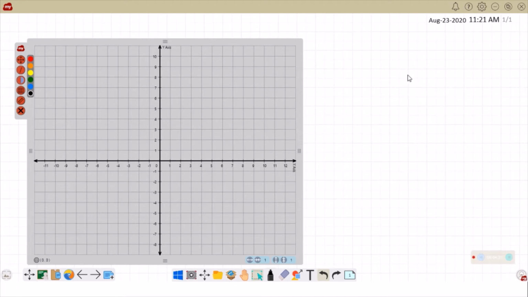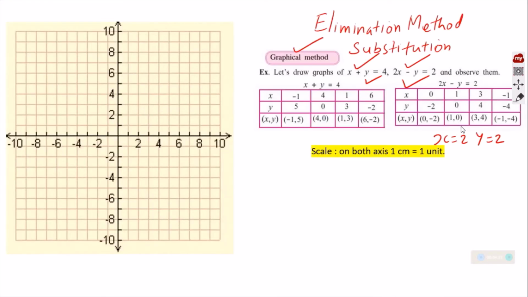Now what is required? We require our ordered pairs, which we already got. So we will go to the ordered pairs which we had with us last time. I can obtain those ordered pairs from here. This is the ordered pair.